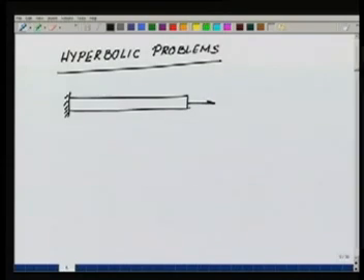I could have an end load P, which is a function of time, and an axial load F, which is a function of space and time.